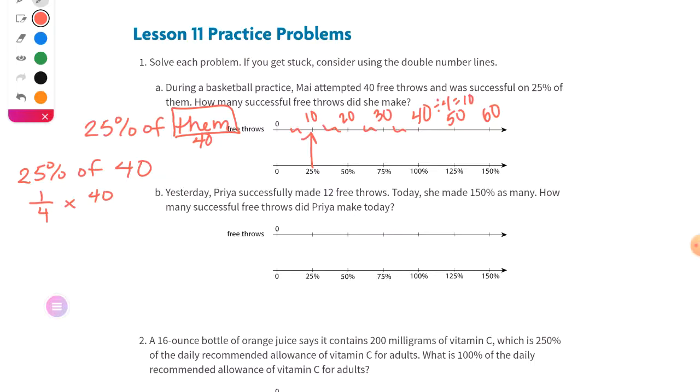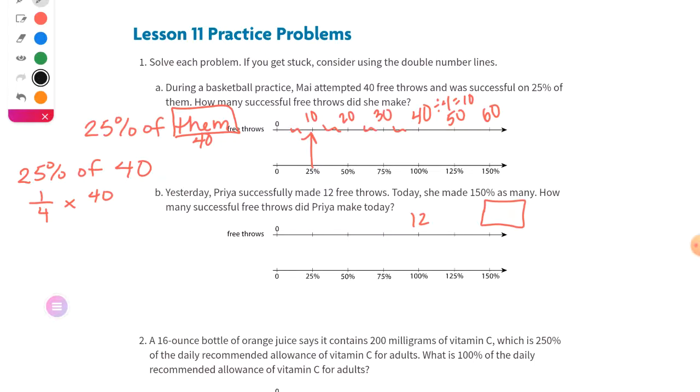Above 100, because that is 100% of the shots she made. And today I made 150% as many as that. So I am looking for that number. Colton, how can I figure out that number? Okay, how do I know I'm counting by 3?